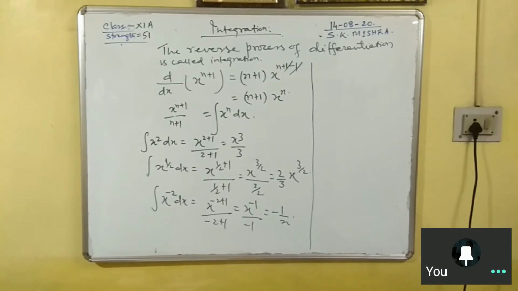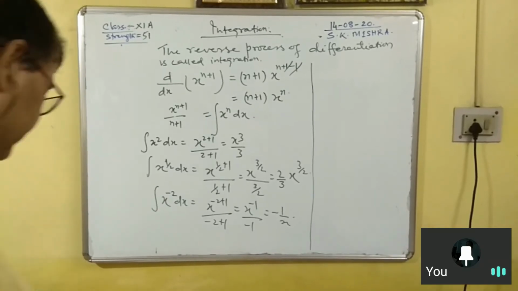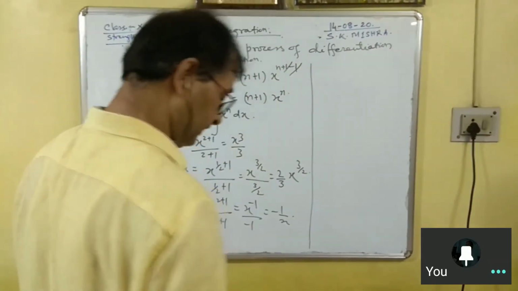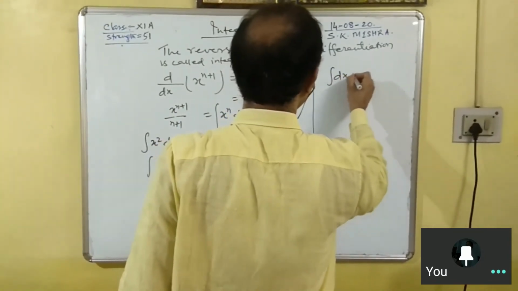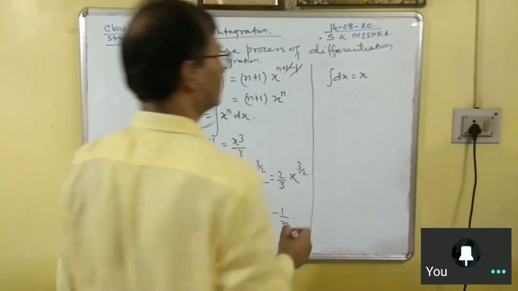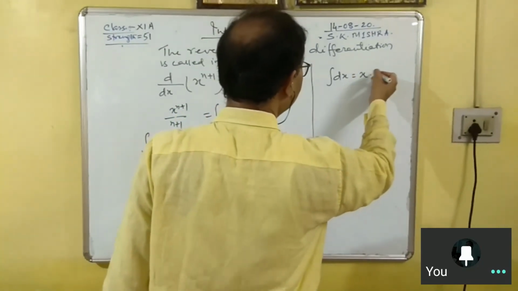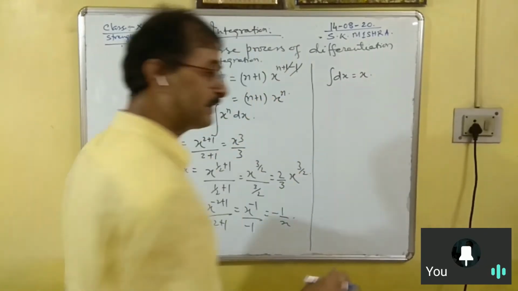Okay? Actually, we are doing indefinite integral. This is a type of indefinite integral. Why am I writing indefinite integral? Because integration of dx is x, but a constant should be attached here. If you differentiate x, you will get dx.